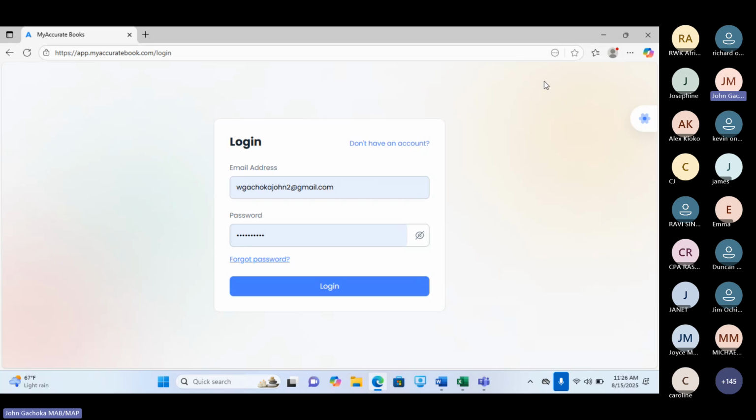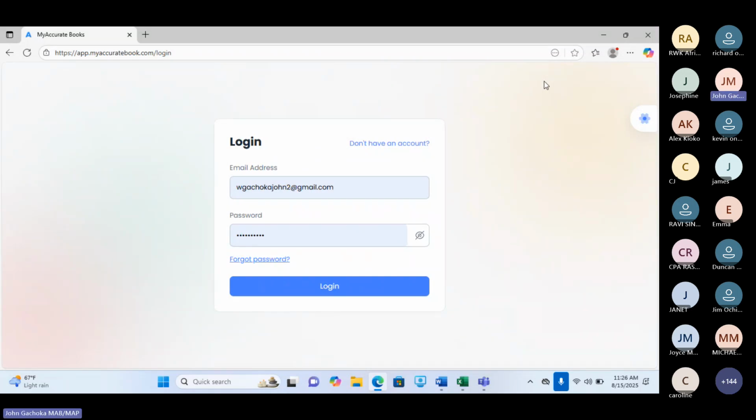You can download it. It is a very small application, around 20 MBs, so it will not eat up much of your space.